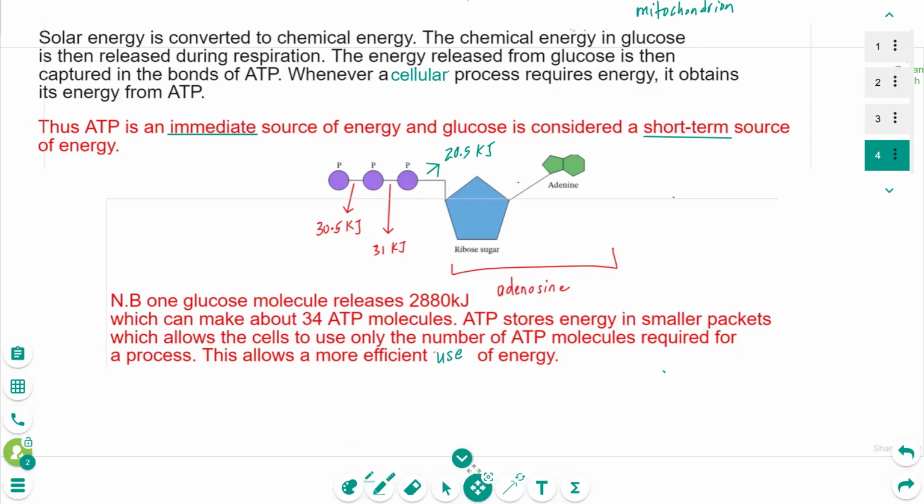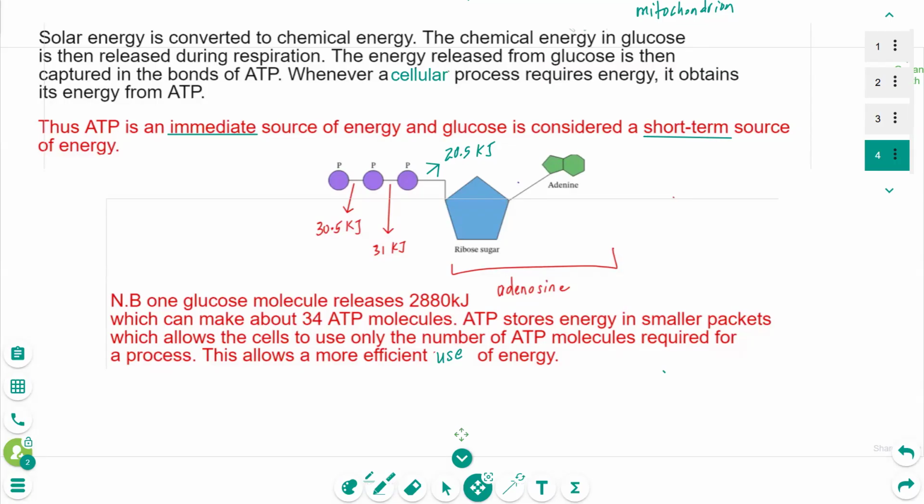Whenever the cell has a process to do, it doesn't use the energy from glucose directly. It uses the energy from glucose to make ATP, and then calculates how many ATP molecules it requires for the process. So ATP is like the energy currency of all cells, and it allows the cell to be more efficient in its use of energy.